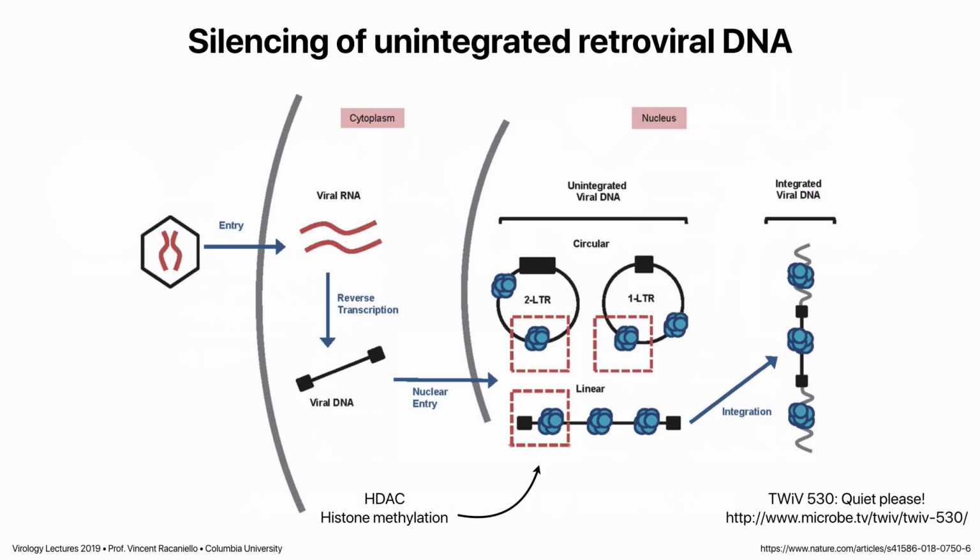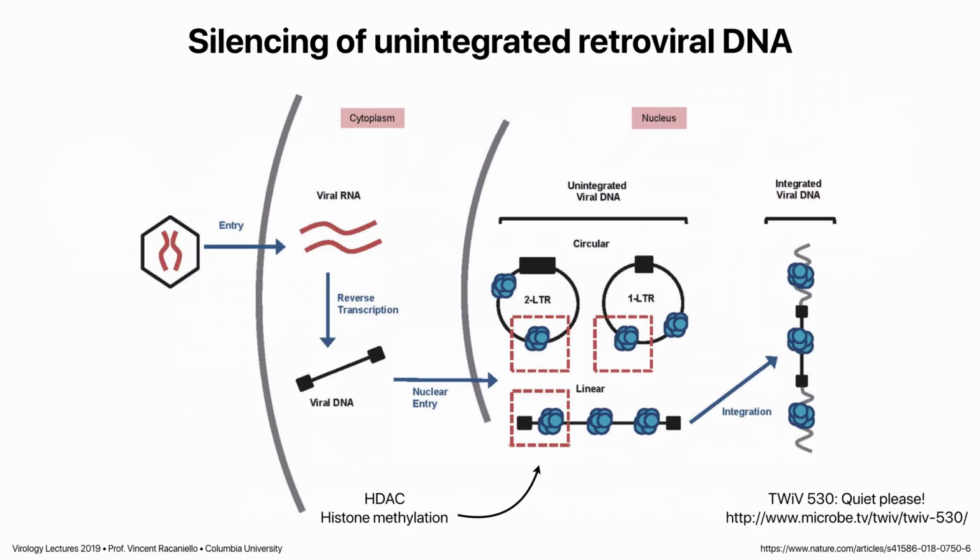The histone modifications, methylation, acetylation, we call those marks. They can be written and read, so they're written by enzymes and read by other enzymes. And the integration of the retroviral DNA into the genome removes all the repression, and that's why the genome can be expressed. So I think it's a brilliant way of countering without having to encode a protein that counters it.